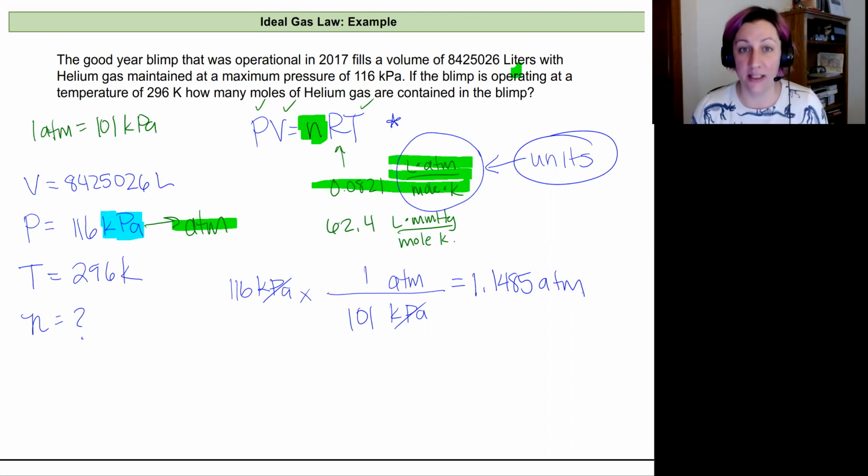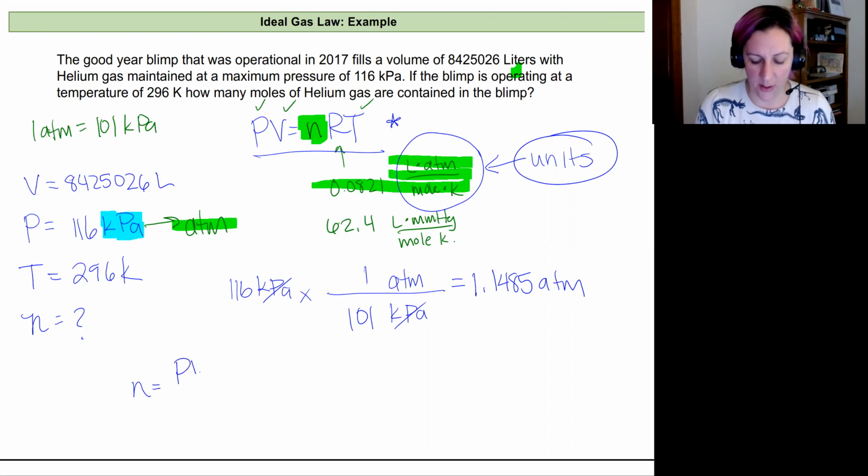So now we're actually going to plug into the ideal gas law. We can plug our values into PV = nRT, or we can rearrange it and say that our number of moles is equal to our pressure times volume divided by our gas constant times temperature. So our pressure is our converted pressure, 1.1485 atmospheres, times our volume of 8,425,026 liters, big.